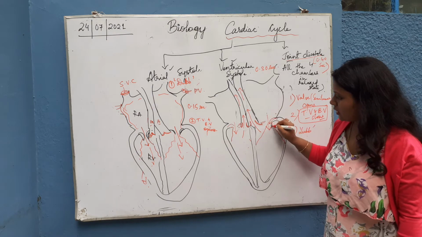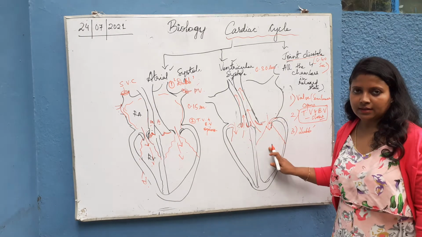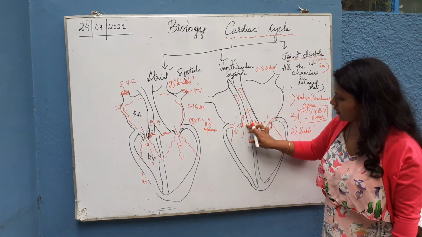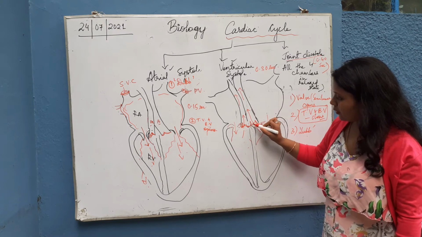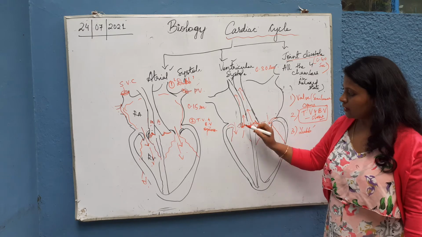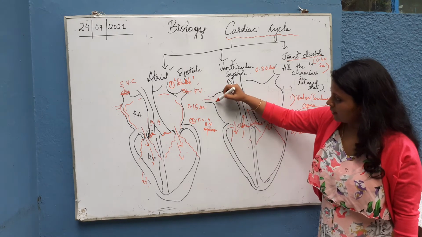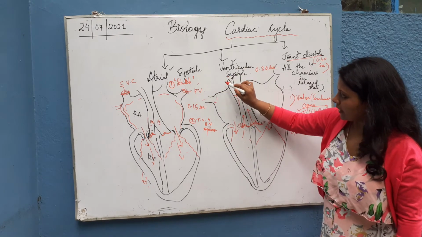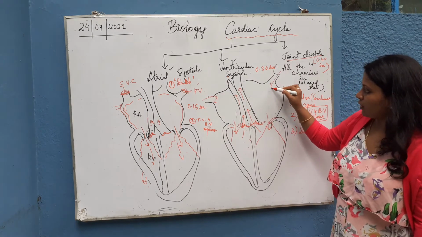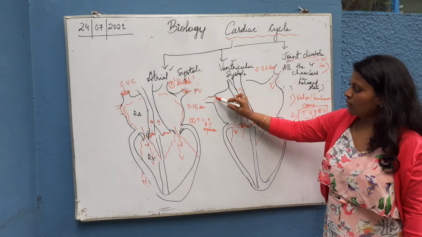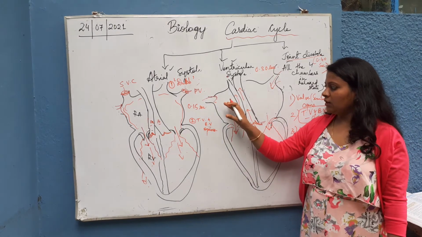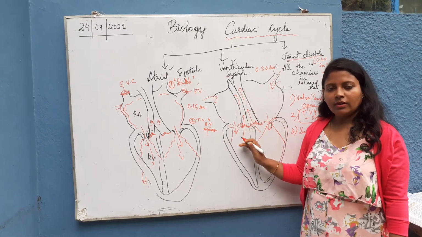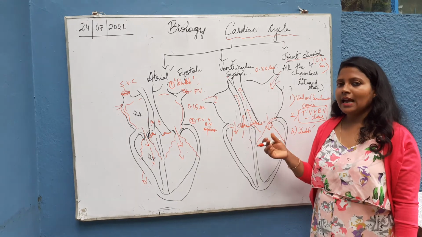In the joint diastole, the blood will flow here like this, and the pulmonary artery valve and aortic valve will be closed, but here the superior vena cava and the pulmonary vein, all these valves will be open just to flow the blood from the atria into the ventricles. So that is the relaxed state.